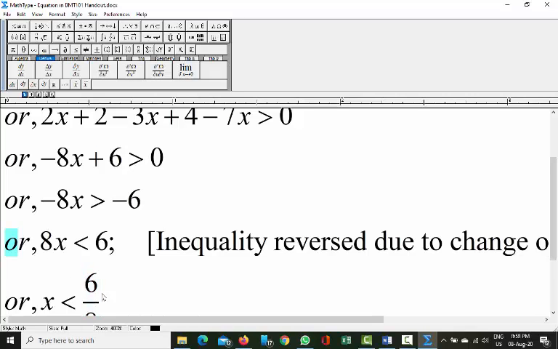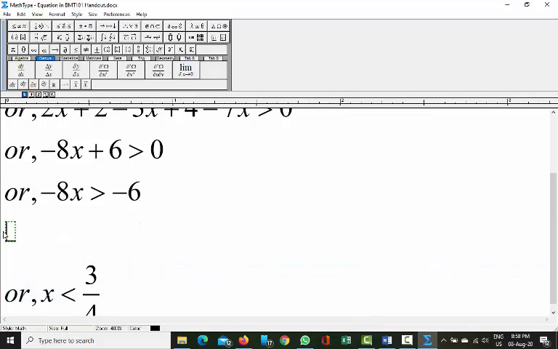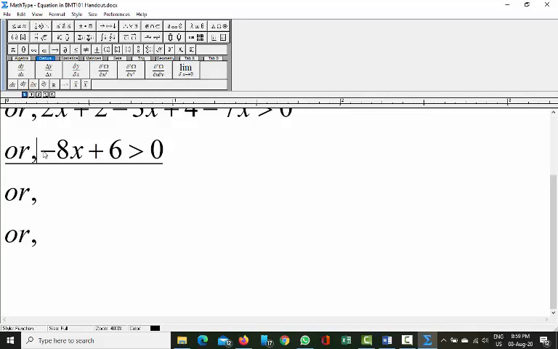For example, here we have minus 8x greater than minus 6. Now, instead of moving this one to the right hand side, let us move this one to the right hand side.